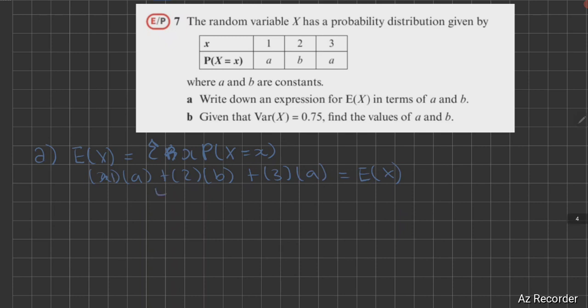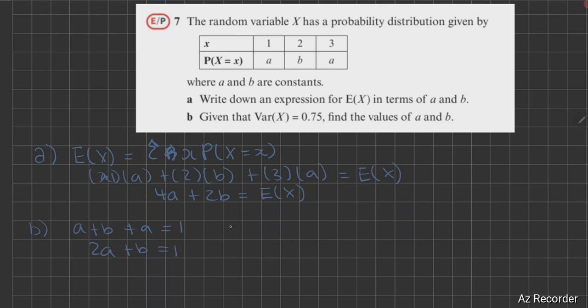This works out at 4a add 2b is equal to E(x). Okay, so for part B, we're given the variance of x and they want us to find the values of a and b. So we've got to apply the easiest rule that we know, which is that the sum of the probabilities is equal to 1. So we have a add b add a is equal to 1. 2a add b is equal to 1.